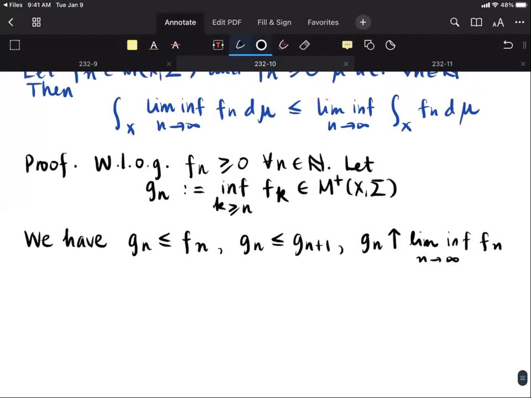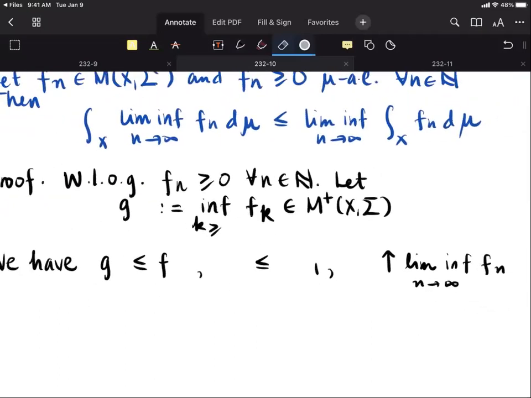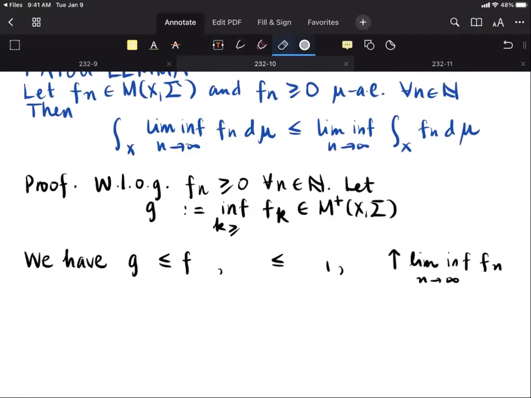Okay, so to modify the index to avoid confusion, let us denote the index for g by m. This g sub m, as m goes to infinity.